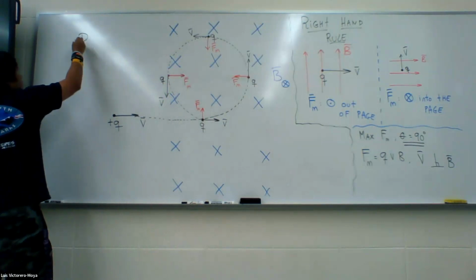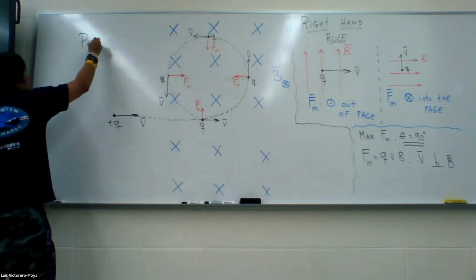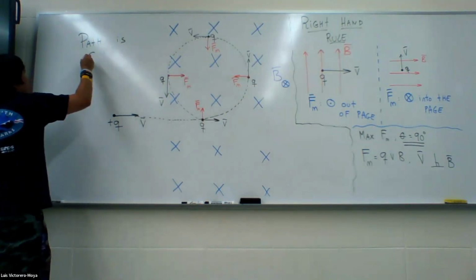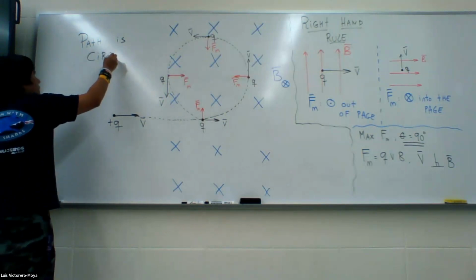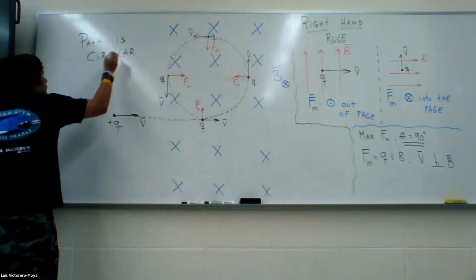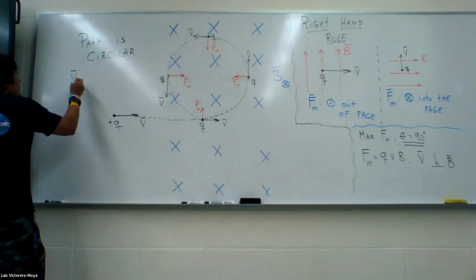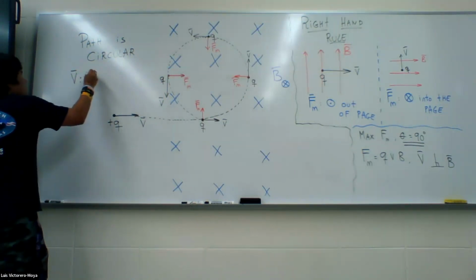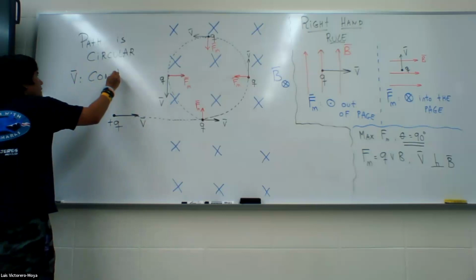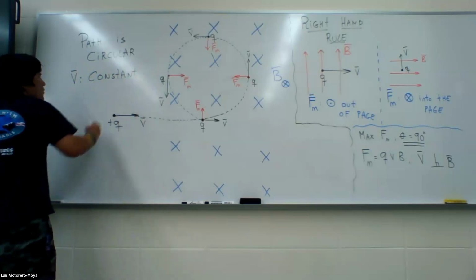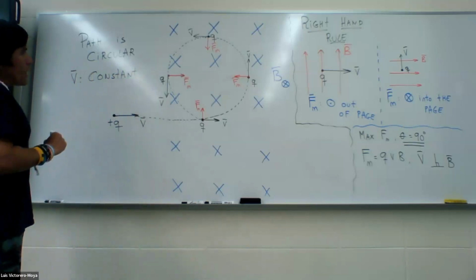The path is circular and V is constant. So it's a circular motion at constant rate.